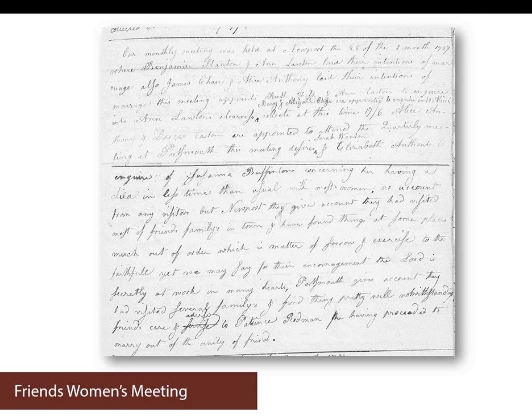And in this particular instance, about halfway down, we see that there is a notation. So this whole page is from the 28th day of the first month of 1727.